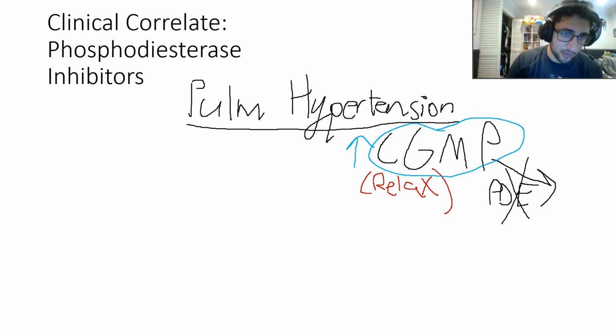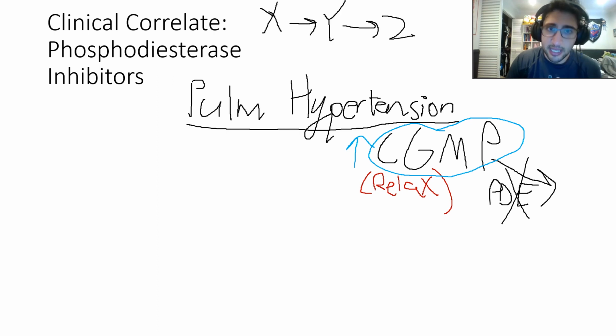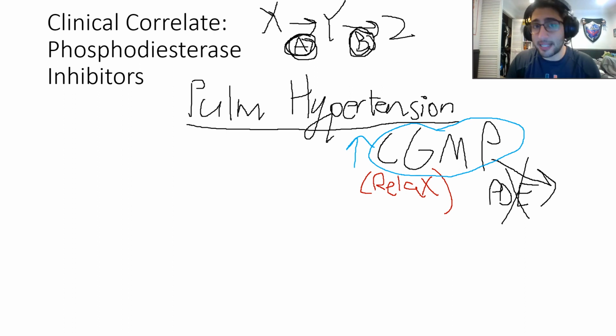How I said if you have a process, so let's say we have substrate X gets broken down to substrate Y and then substrate Z, you can increase Y by one of two ways. You can either activate A so that you get more breakdown of X into Y, or you can inhibit B so you get less breakdown of Y into Z and you can build up Y.